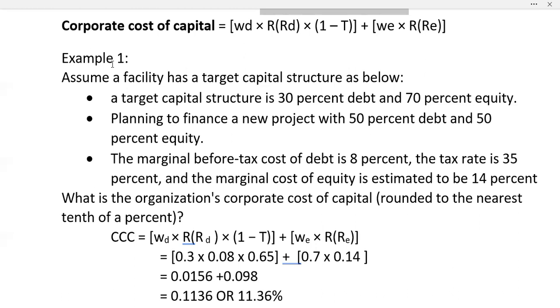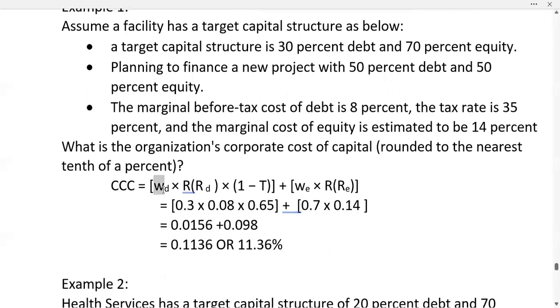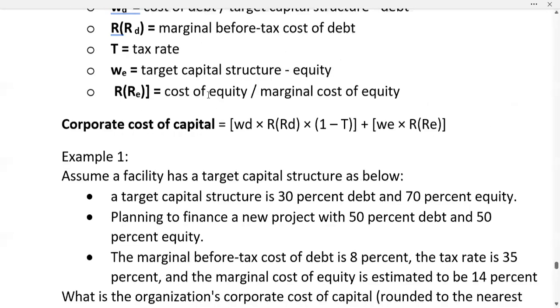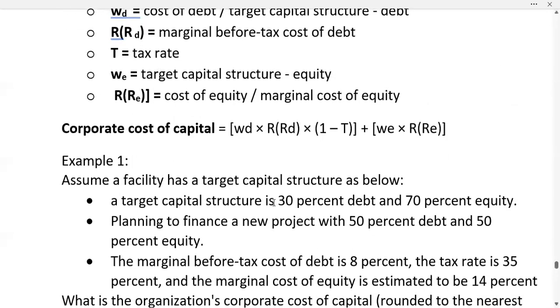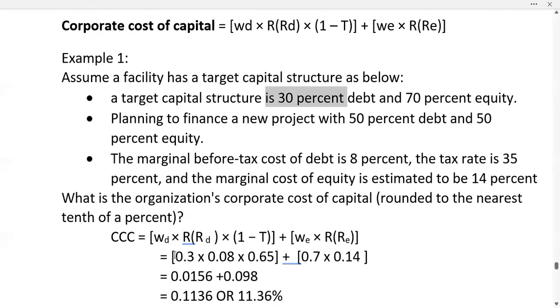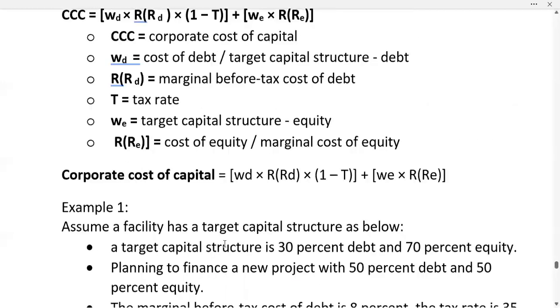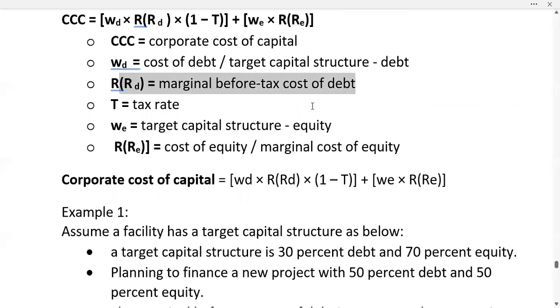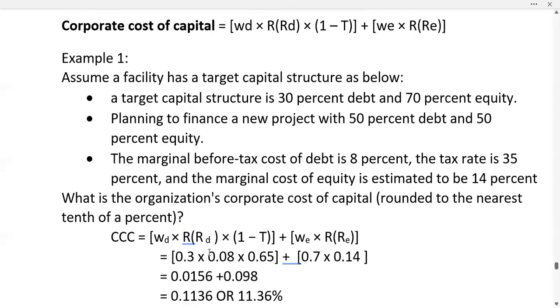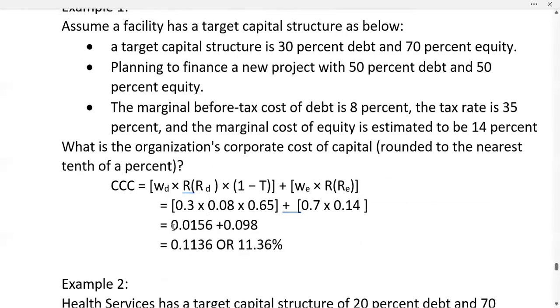Using our formula, we can put the equation here, where WD, the target debt weight, is 30%, or 0.3. Your RD, or before tax cost of debt, is 0.08, multiplied by 1 minus the tax rate of 35%, so you have 0.65.